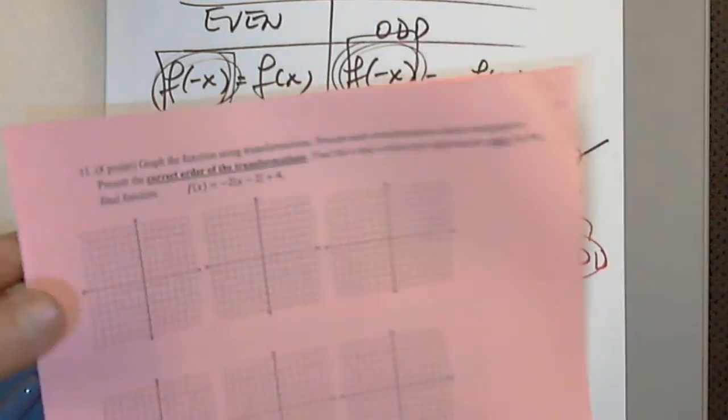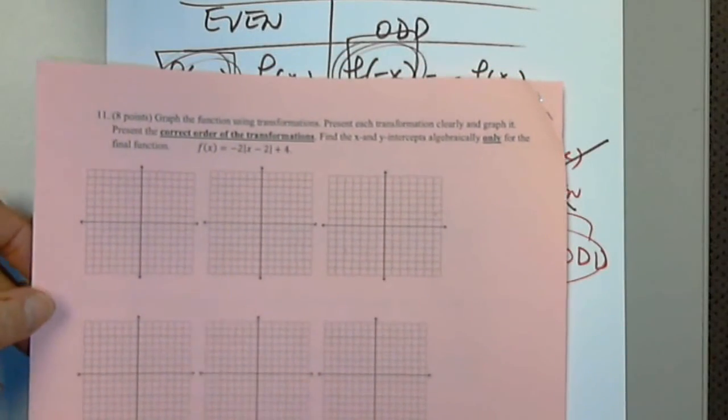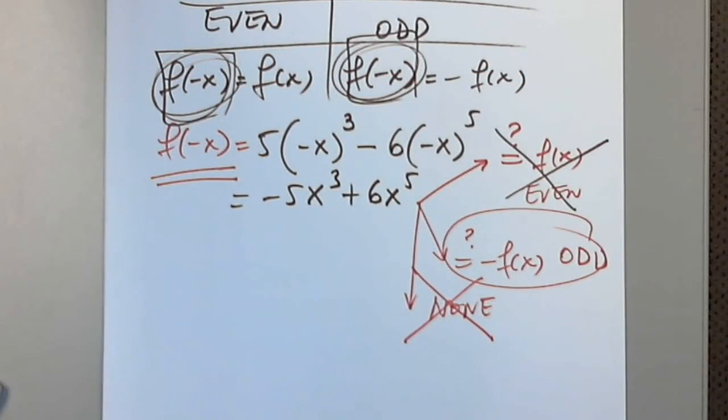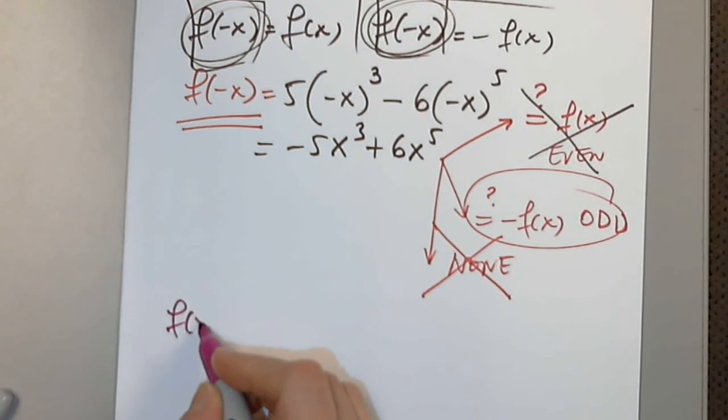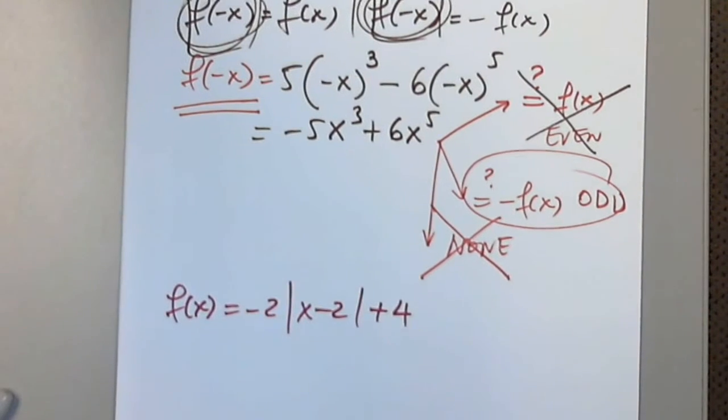Anything else from this? Number 11. Say it again. Number 11. Okay, so let's look at transformations. For transformations, we are given f of x equals -2 times the absolute value of x minus 2, plus 4.